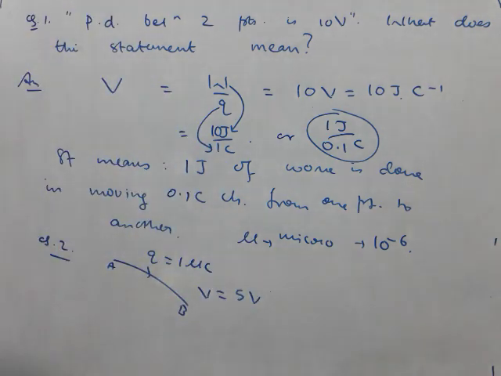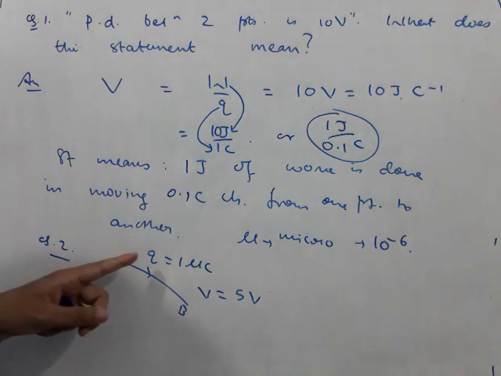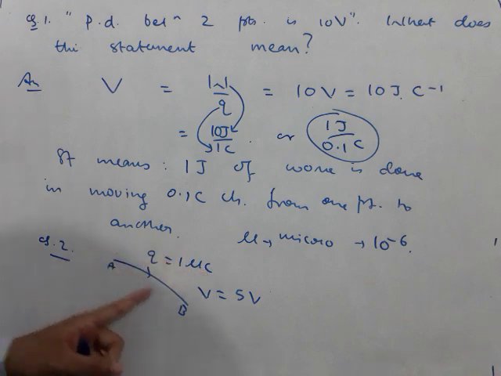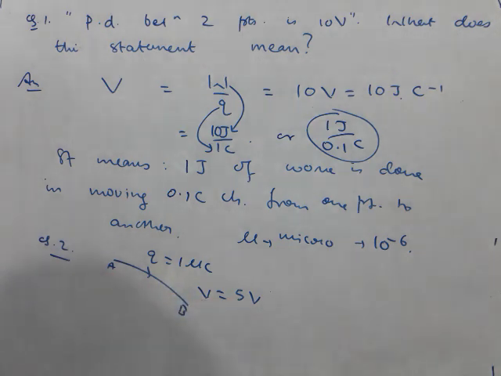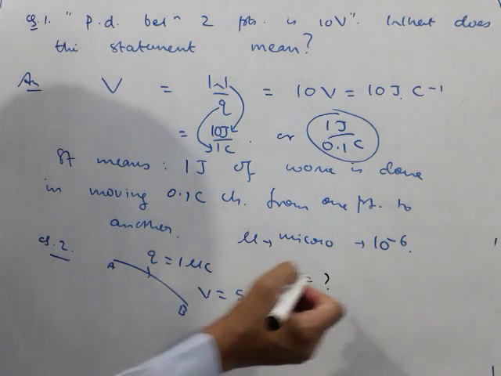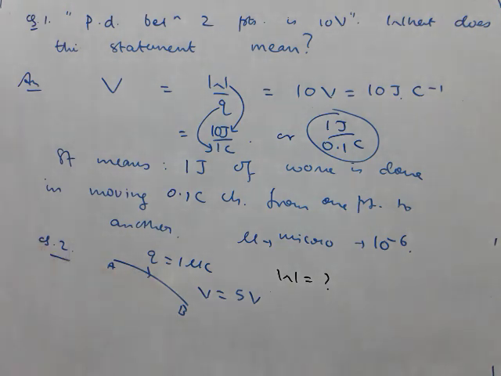I am not writing the language. So there is a point charge of value 1 microcoulomb. It is moved from point A to point B. The potential difference between these 2 points is given as 5 volt. You have to find the work done by the external agent in moving the charge from A to B.